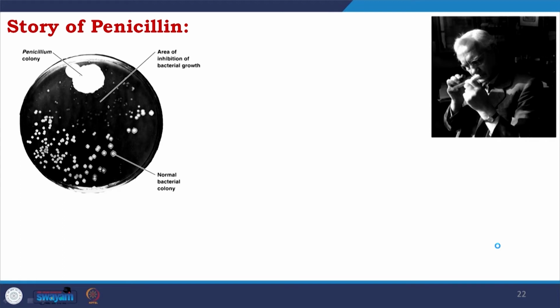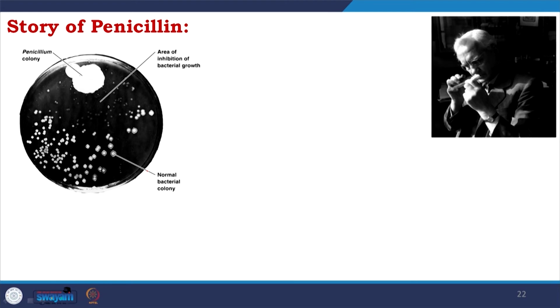He was a doctor who was working on Staphylococcus, and once he went on a vacation, you could see the plate. This is a bacterial Petri plate where the colonies you see here, which is written normal bacterial colony, are Staphylococcus colony, they are already grown.